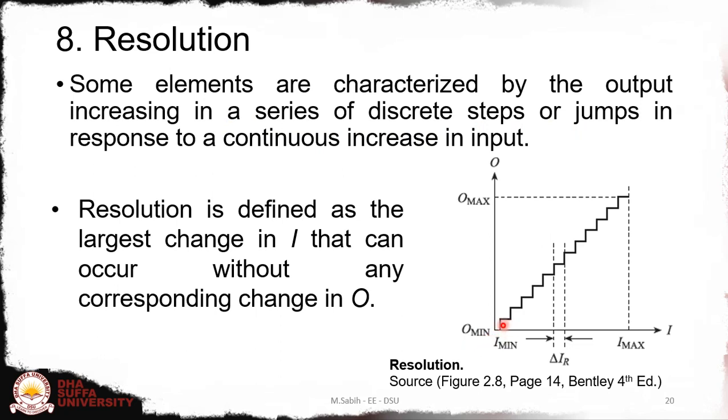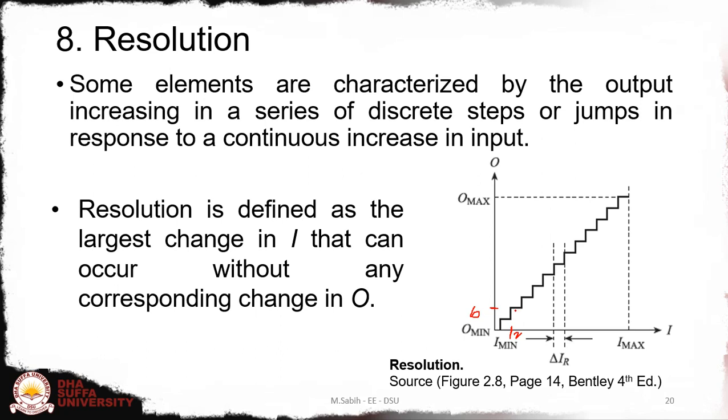So for example, what does it mean? If you notice here, let's say we are on this spot, and this is some value 2. At 2, the system output reaches, let's say, a value of 6.